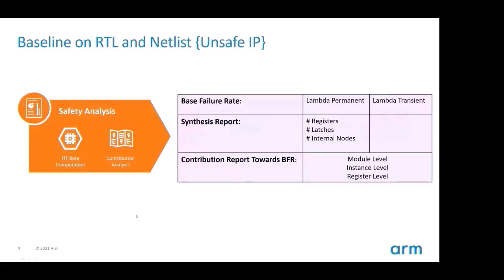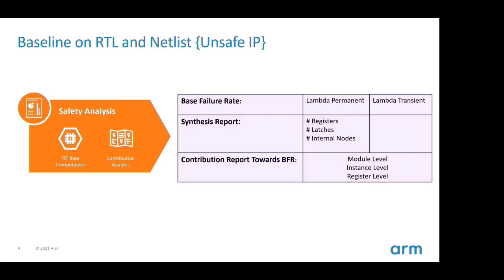For the unsafe IP, Citivscope gives us a series of reports. Specifically, we are interested in things like base failure rate, lambda permanent, and lambda transient.